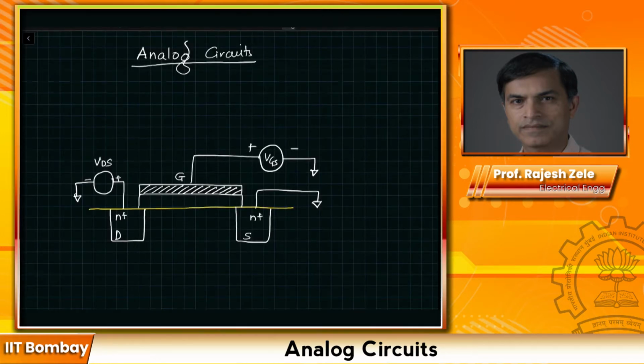In the previous lecture, we studied different modes of operation of the transistor, and we said that when VDS is equal to VGS minus VTH, this is our VDSAT value for the transistor. If VDS is equal to VGS minus VTH, then the channel under the gate goes into pinch-off mode, and it looks like this.